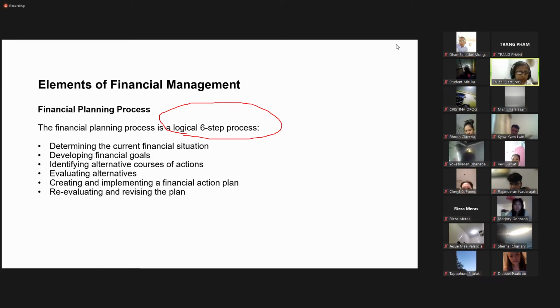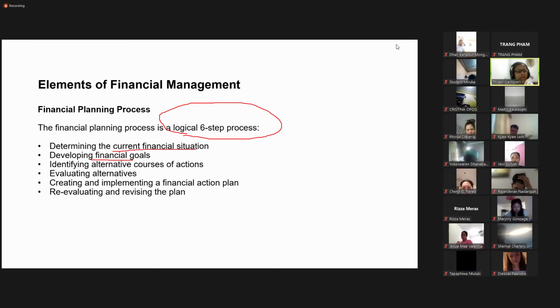Please raise your hands. First, you need to identify the current financial situation. Then you have to develop the goals. What are the financial goals? For you to develop goals, you obviously need to understand your current position. Where are you now? Where's the company now?